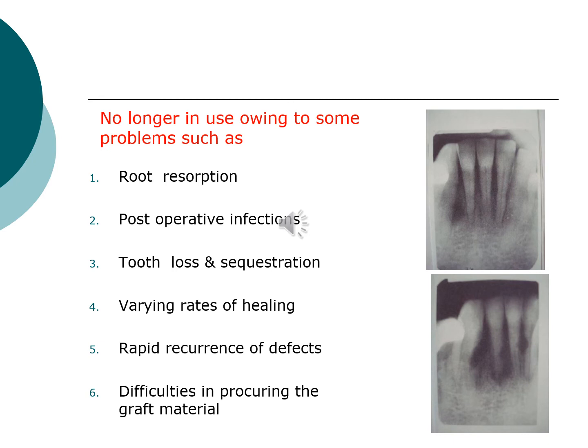They noted some difficulties right from procuring the grafting material, and they noticed that when we use such a graft, there is a lot of resorption, infection, varying degrees of healing, and rapid recurrence of the defect. So currently, we don't take much graft from the iliac crest for periodontal defects.